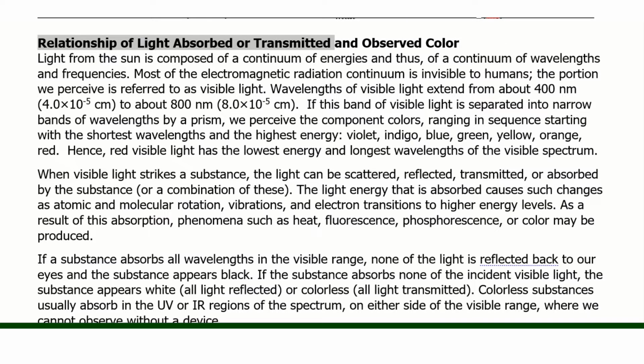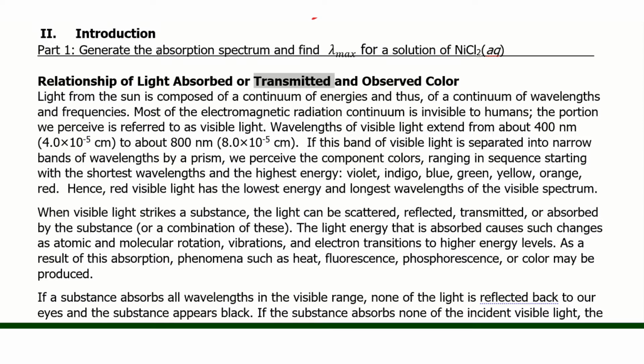Absorbed is when none of the light is reflected back. This sentence in particular is about when all the wavelengths are absorbed, so that you will see a color because of that. So absorption is different from transmission. What we'll be working with here is absorption.